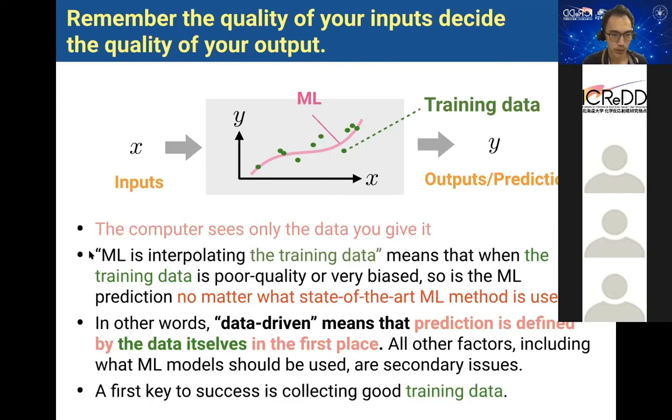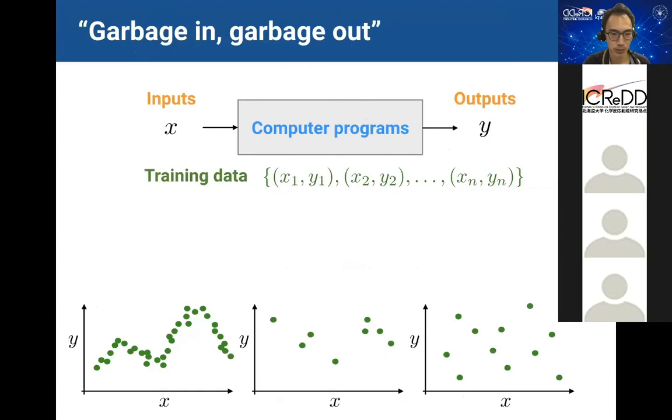Right? This is a very important point, and it is sometimes called garbage in, garbage out. If you put garbage into the machine learning, probably your prediction is also garbage. Here, the input is training data. Basically, data-driven means that data defines the program's behavior, because we gave up explicit programming. So how about these three cases?